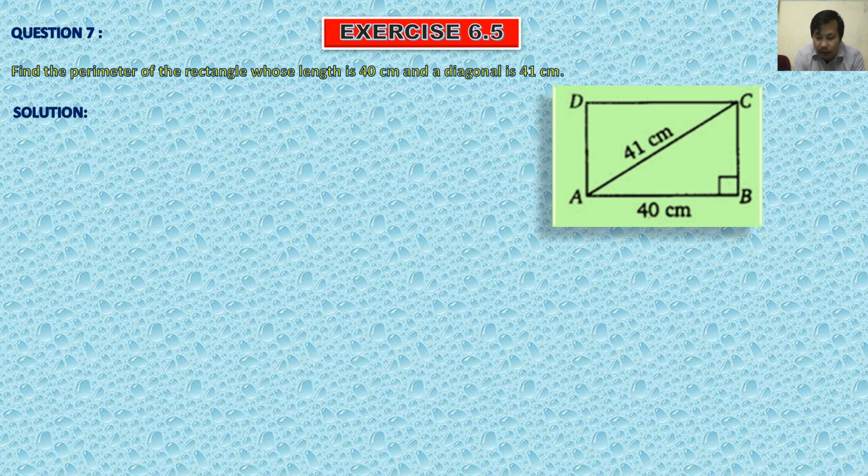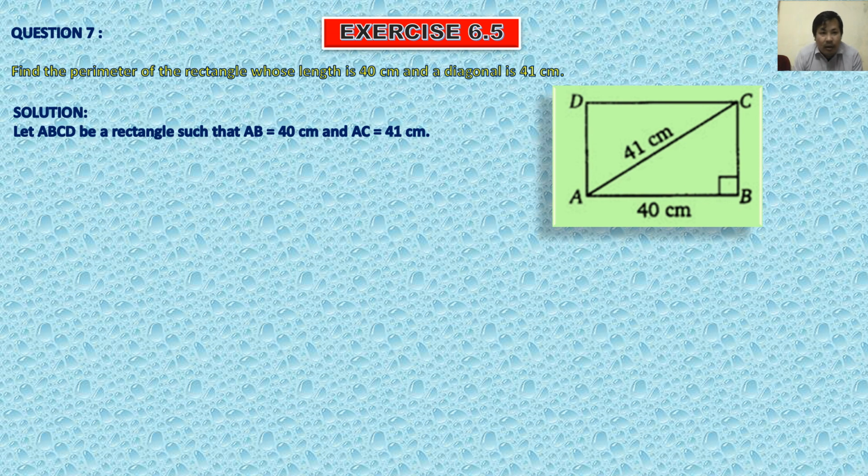In the solution, let ABCD be the rectangle such that AB is equal to 40 centimeter and AC is equal to 41 centimeter.